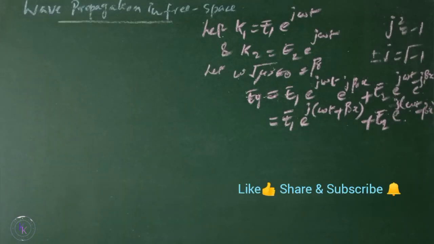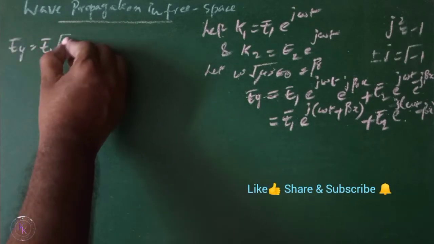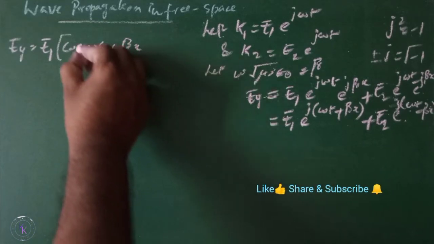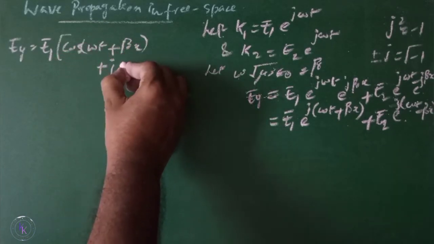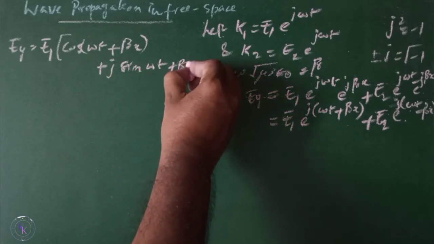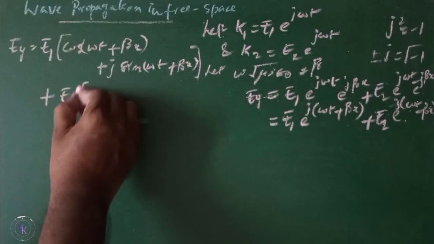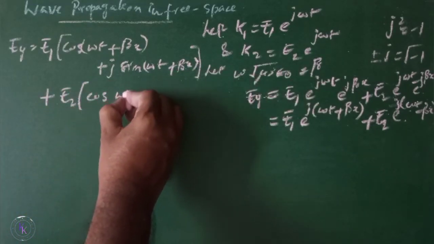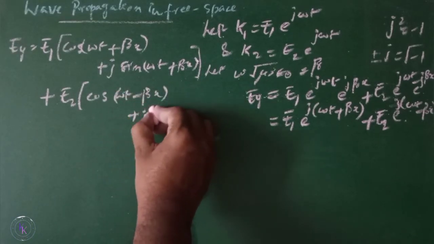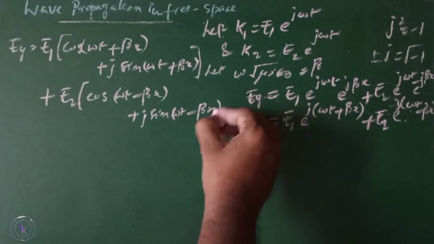Now, if we expand this, Ey equals E1 of cos of omega t plus beta x plus j sin of omega t plus beta x, plus E2 into cos of omega t minus beta x plus j sin of omega t minus beta x.